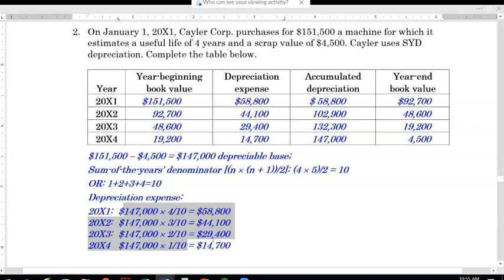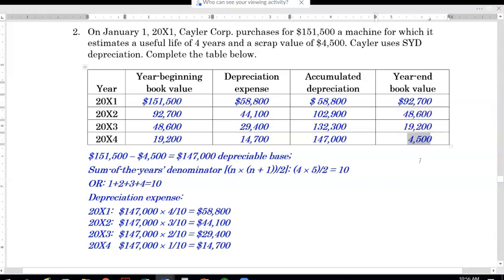So my depreciations for every year are already calculated, as you see. When you fill up the table, the accumulated depreciation will be constantly updated year after year. So in year 4, the accumulated depreciation minus the original cost gives us 4,500 book value at the end, and we stop at that moment.